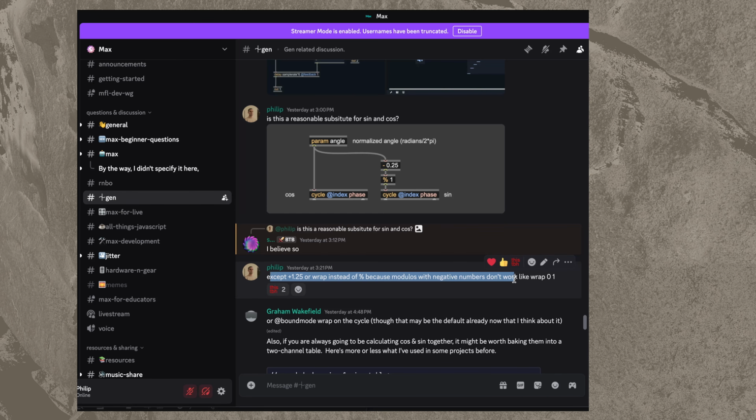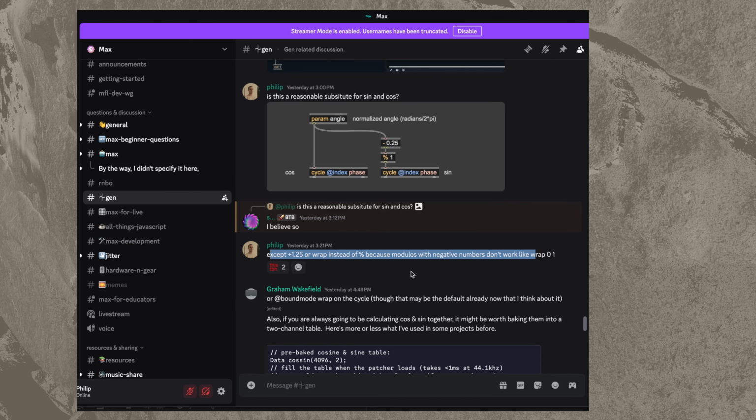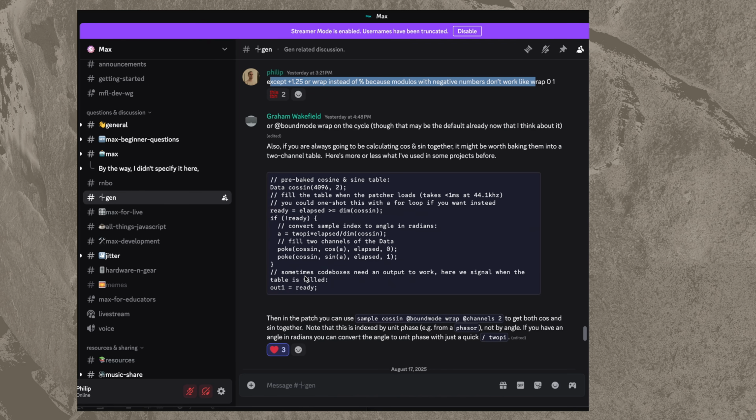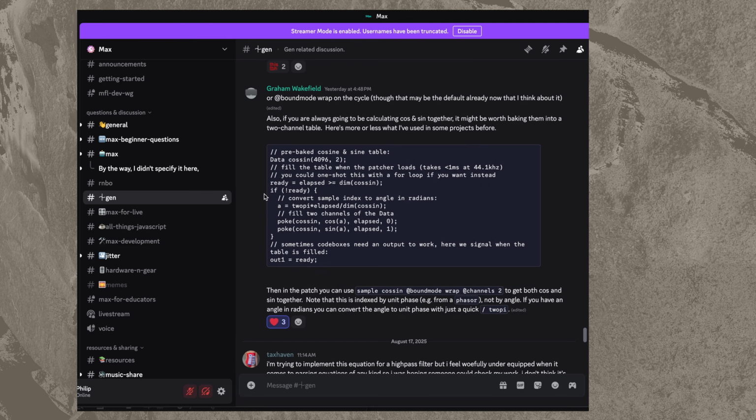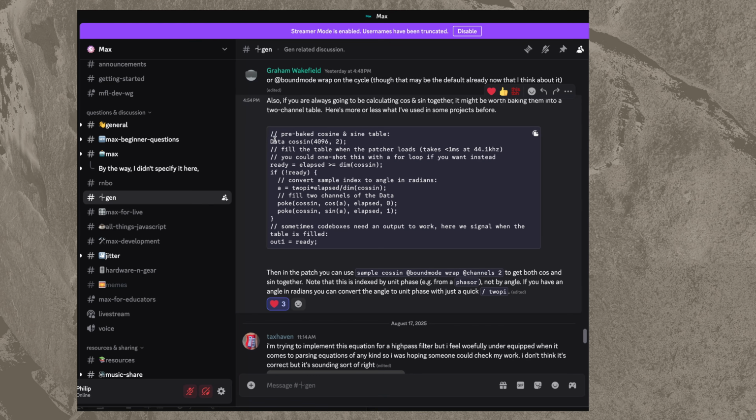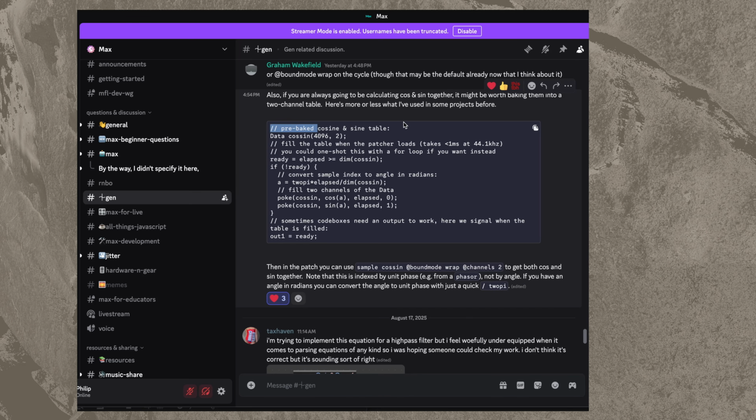So I corrected myself down here. But then Graham, one of the authors of Gen, came in with this really cool approach where you just pre-compute the sine and cosine when the patch loads, and then you just stick it in a buffer.